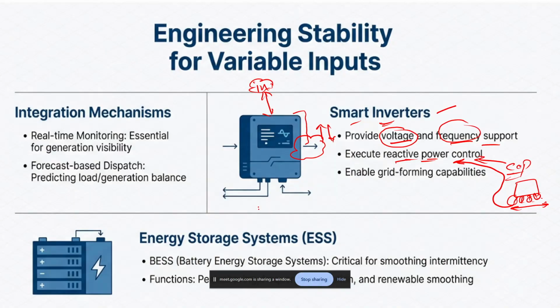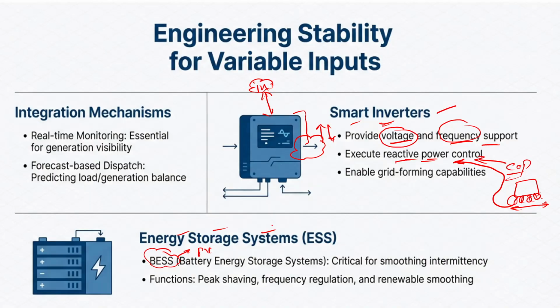And also, coming to the energy storage system, this is very much needed. We have the battery energy storage system. Let's say we have surplus energy generated. This majorly comes into the picture where we have PV, the solar.